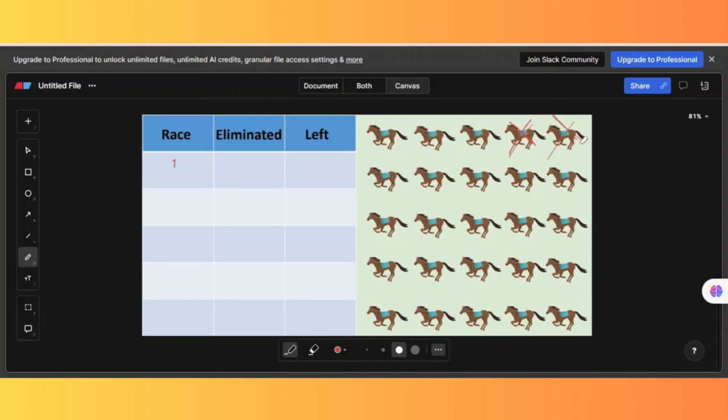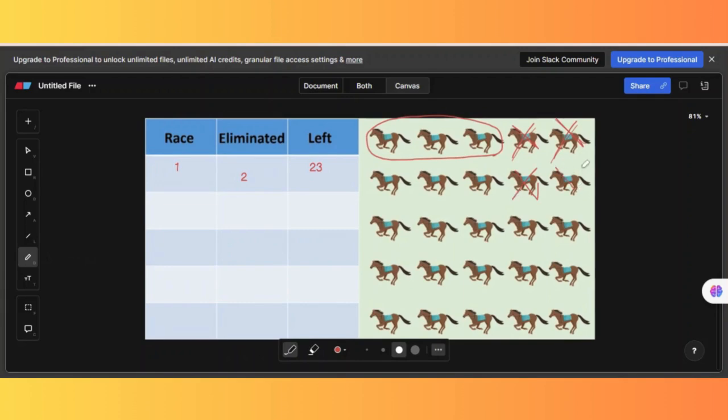So I will remove the fourth and fifth horses. Suppose these are my top three horses in the first race. So in the first race, I have eliminated two horses, and out of 25 horses, 23 are left.